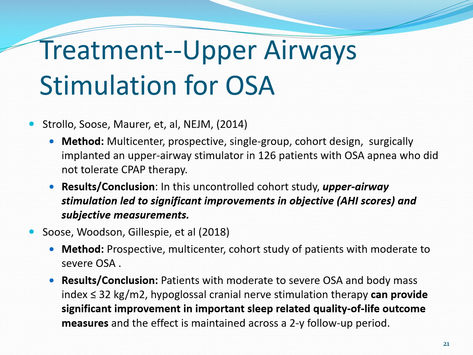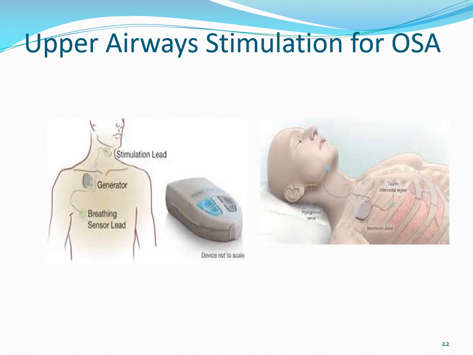And that patients with moderate to severe OSA and body mass indices less than 32, they determined that hypoglossal nerve stimulation, which is upper airway stimulation, can provide significant improvement in sleep-related quality of life outcome measures. And it also included not just an immediate, weeks long, but it did a 2-year follow-up and said that these benefits were maintained over a 2-year period.